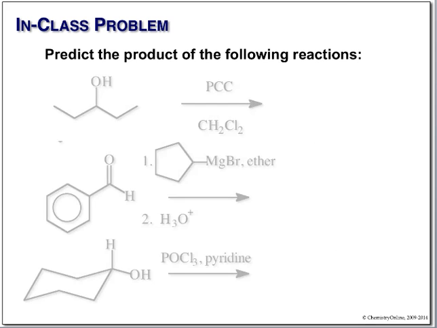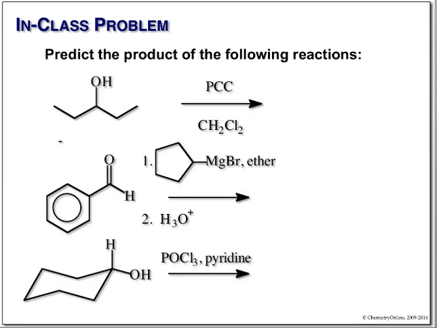The last set here. We have a secondary alcohol. We are reacting that with PCC and dichloromethane. We remember that PCC is a nice, gentle form of chromate. Very gentle, very specific.